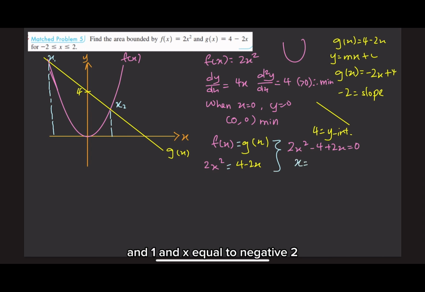We get x equal to 1 and x equal to negative 2. That means our points will be from negative 2 to 1.